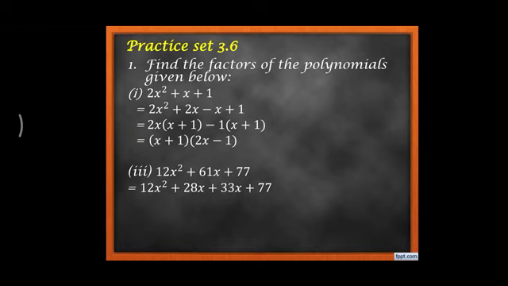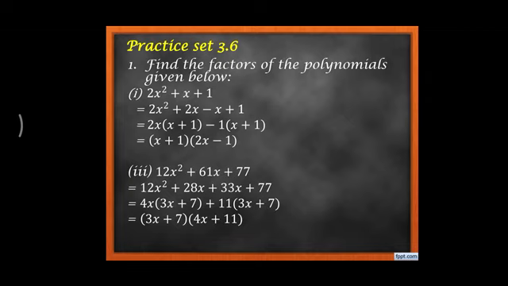So we have 12x square plus 28x plus 33x plus 77. So from 12x square and 28x we take out 4x common. 4 is common for 12 as well as 28. Now 4x, since we are taking out as common, in the bracket it is left as 3x plus 7, and here 11 we take out common, again 3x plus 7 is left in the bracket.